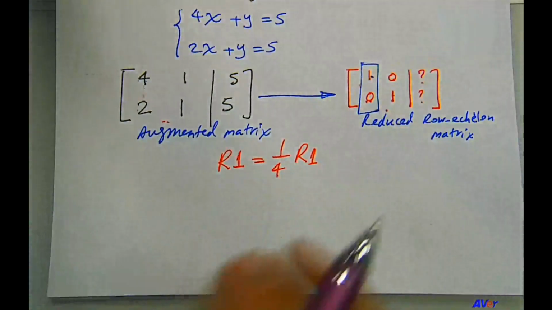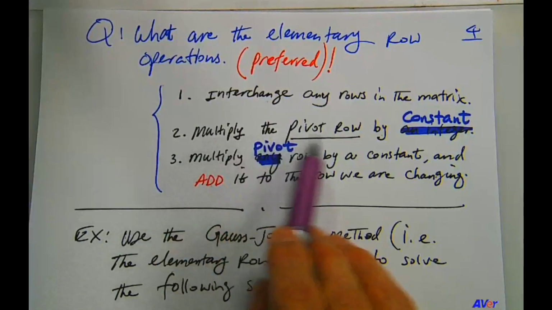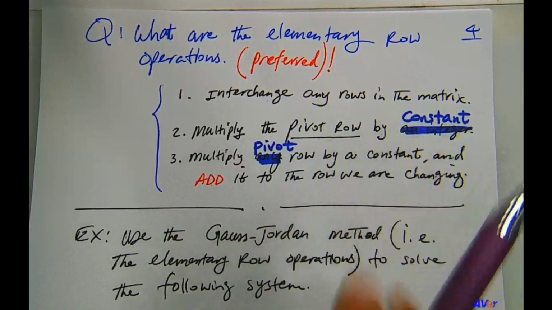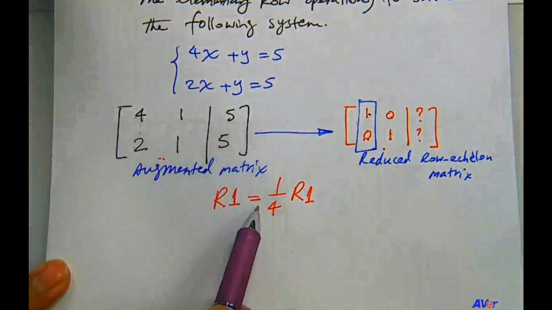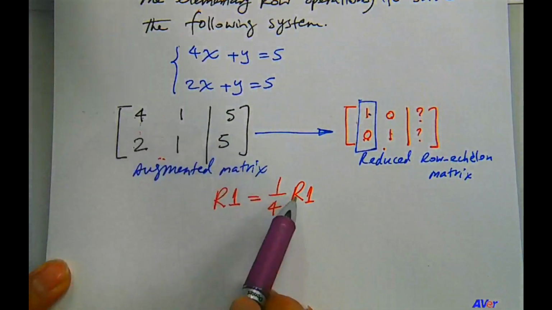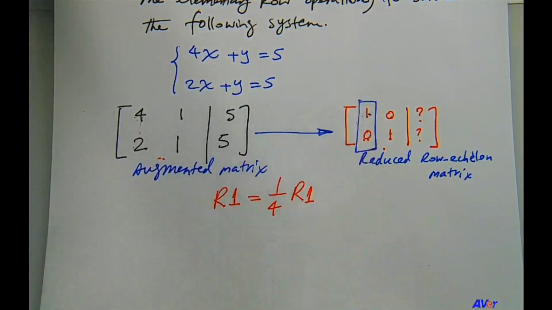And which row operation am I using? Let me scroll up. I'm using that one: multiply the pivot row by a constant. That's what I'm doing. Row 1 is equal to 1/4 times row 1. Why are we doing this? Because we're going to obtain the 1.